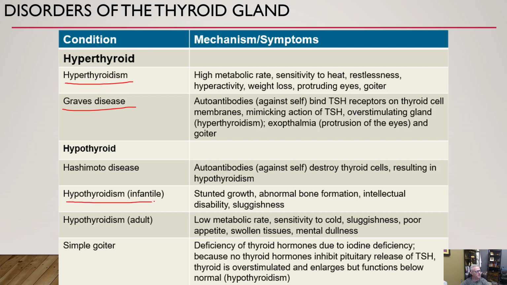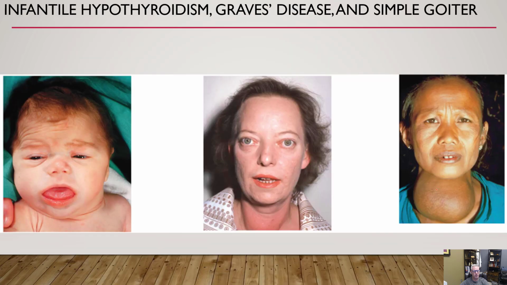With infantile hypothyroidism, it's actually caused by a deficiency of thyroid hormones at birth. Here you can just see some pictures. That's infantile hypothyroidism right here. Here is Graves' disease. Here is a goiter.